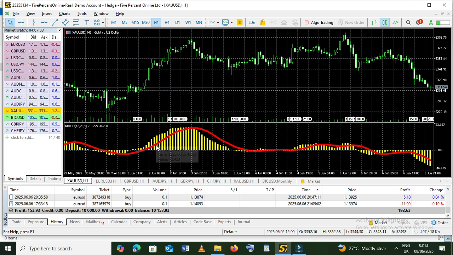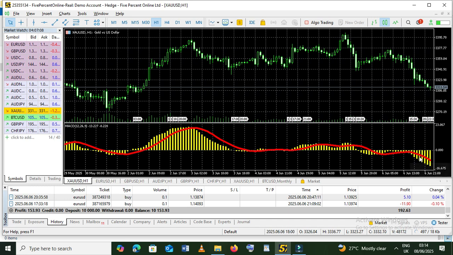So we can see here that the market has very long bars upwards, indicating that there is a very strong bullish momentum. So you can place a buy order.